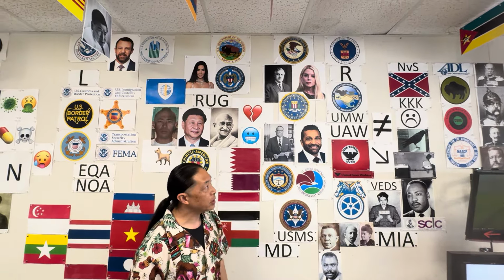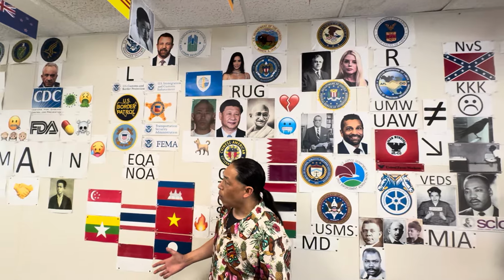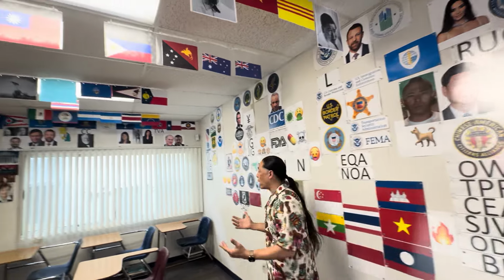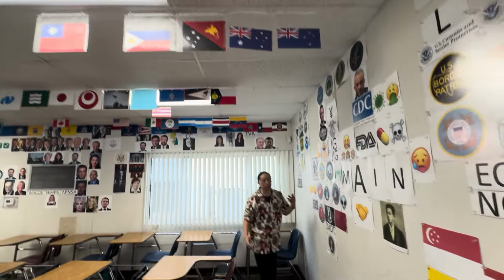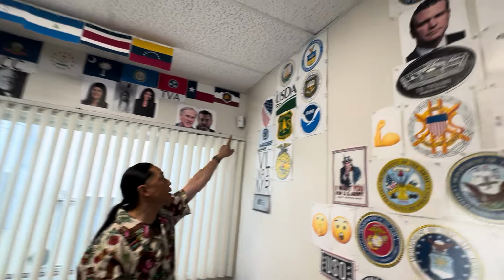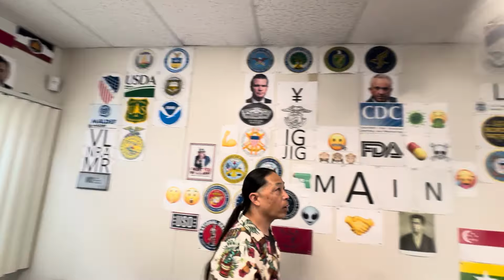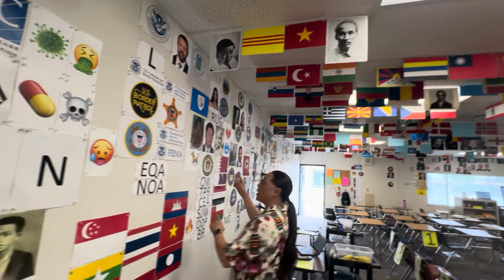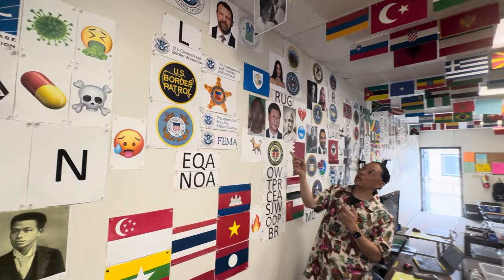Also, things on the wall are sometimes in relationship to the flags. For example, if you're looking for civil rights organizations for Latinos, you'll find Latin America, go back here, and you'll find LULAC. If you're looking for Asian organizations, you can find China, and you're going to find CACA, which is Chinese American Citizens Alliance.